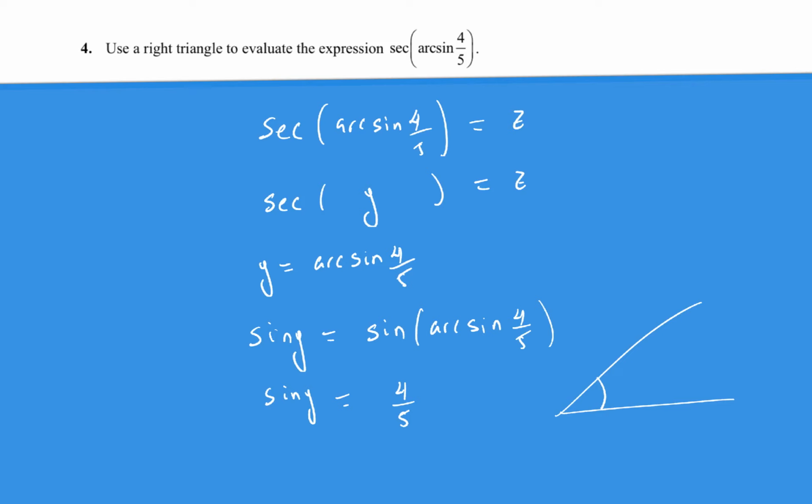So my triangle will say this is the angle y, and the sine of y is the opposite divided by hypotenuse, 4/5. So the remaining side is 3 by the Pythagorean theorem. This is the square root of 5 squared minus 4 squared, which should be 3.